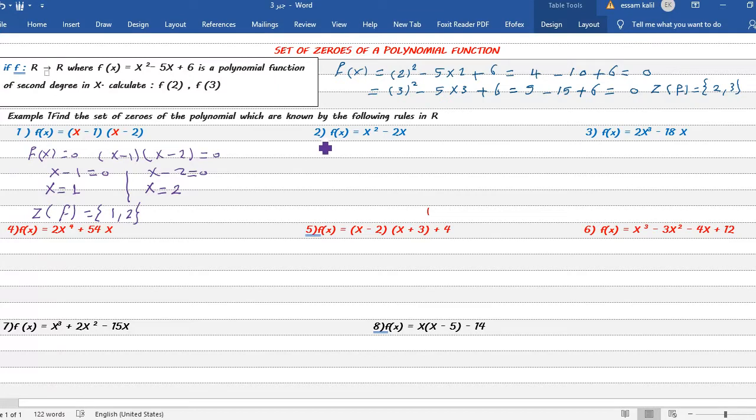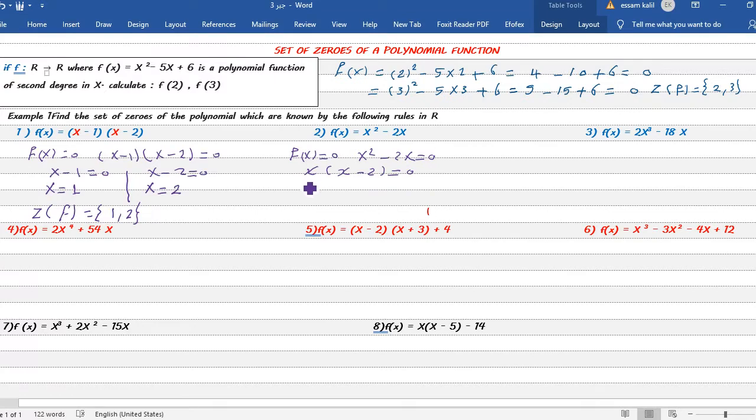Second example, number 2. f of x equal x power 2 minus 2x. Put f of x equal 0, then x power 2 minus 2x equal 0. Take x common factor, it will become x times x minus 2 equal 0.